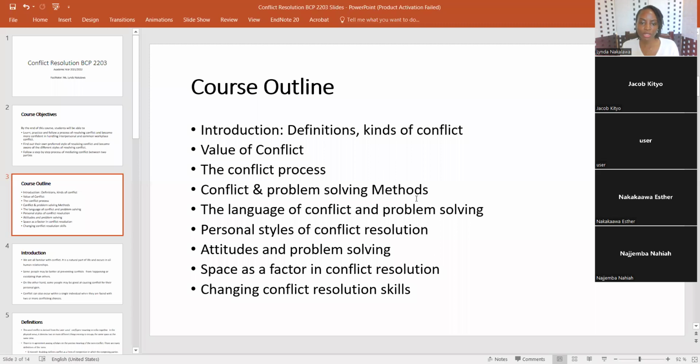We'll also look at attitudes and problem solving. When we are trying to resolve conflicts, our attitudes come into play so much that it might stop us. Our attitude might stop us from resolving conflict, because if I have a negative attitude towards an individual, one, I might not be interested in living in peace and harmony with them.